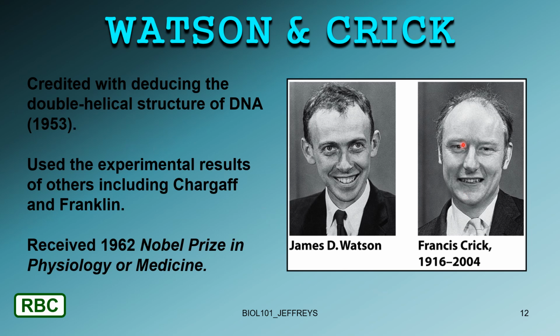Francis Crick was an Englishman, James Watson was an American. And they used the experimental results of others, including Chargaff and including Rosalind Franklin, to deduce the double helical structure. And that earned them the 1962 Nobel Prize.